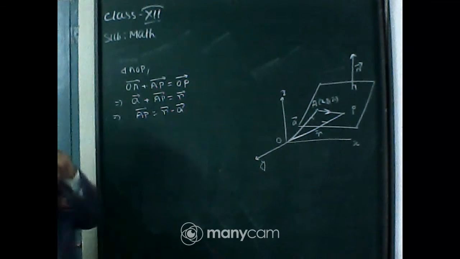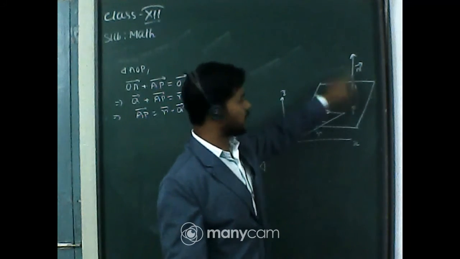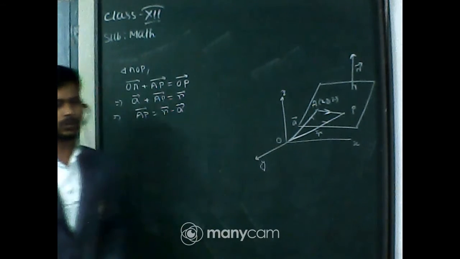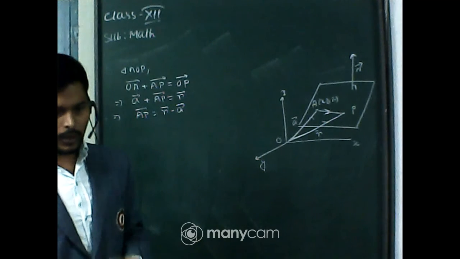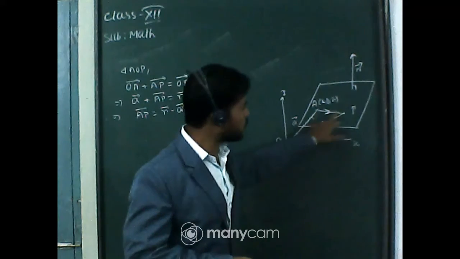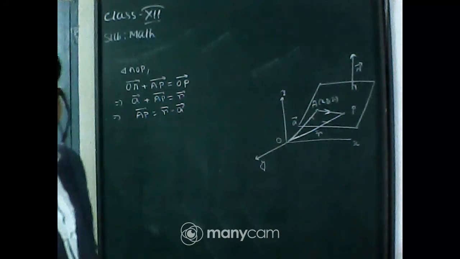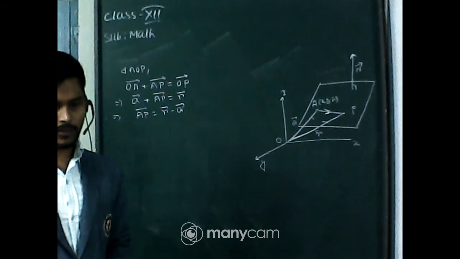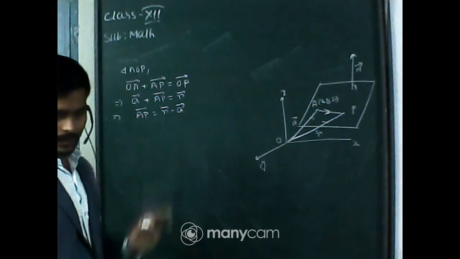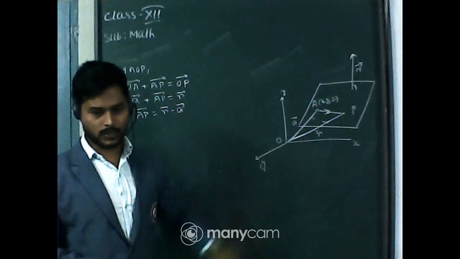Now tell me one thing: what is the angle between the AP vector and the n vector? The n vector is perpendicular to the plane, and AP is a vector which lies on the plane.